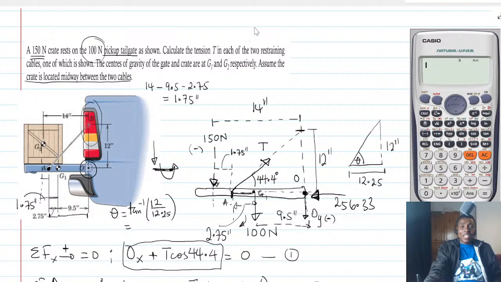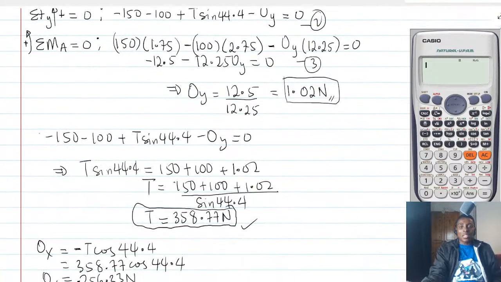In fact, the question was not asking us to find the reaction force, but you have to use it in order to find the tension. The tension force is what we calculated, 358.77.